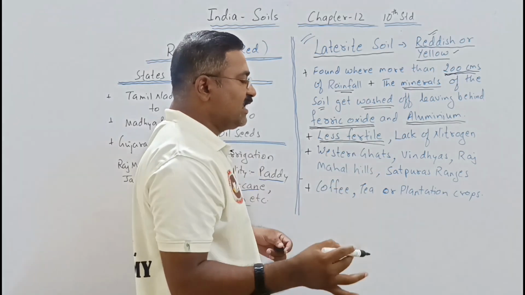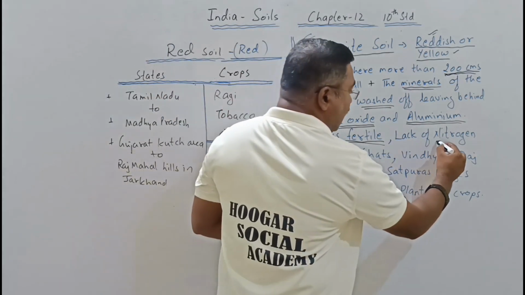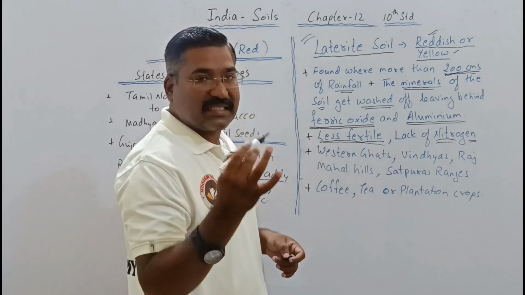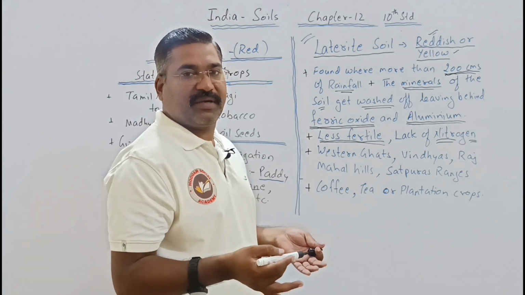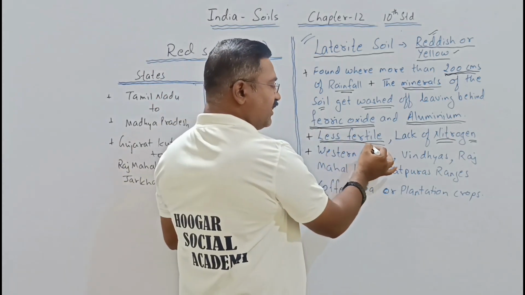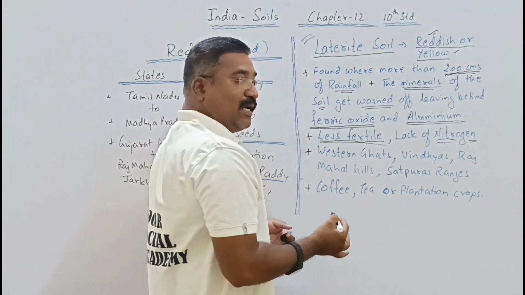The soil is less fertile, and nitrogen is also less, plus minerals. Definitely minerals will be less. Why? Because they have been washed out. So less fertile, lack of nitrogen and lack of minerals.